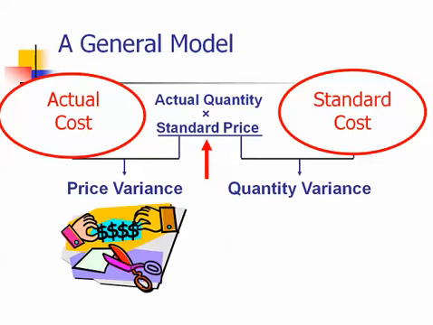The difference between our actual cost on the far left and the center column is due to differences between actual prices and standard prices, and that's referred to as our price variance. The difference between standard cost on the far right and the center column is referred to as the quantity variance.